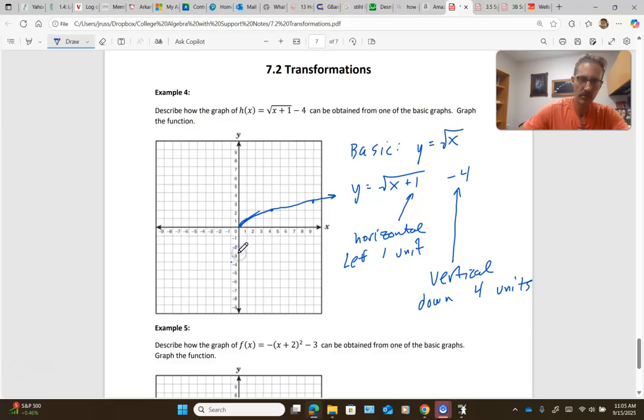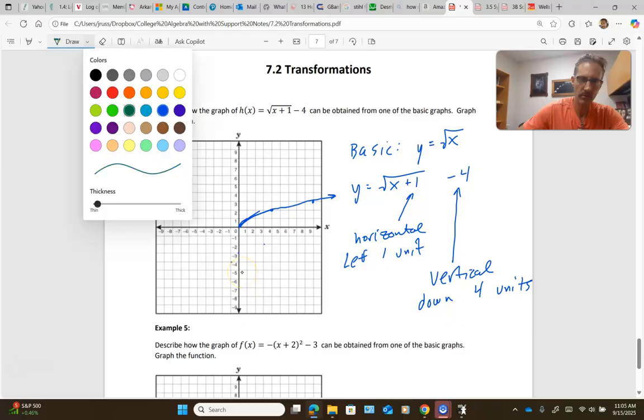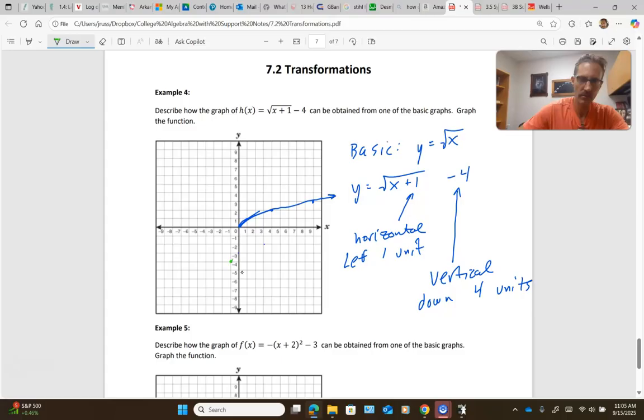Okay, and then it would have that same shape. So sketch this in. It would start right here and have that same shape, something like that. Okay.